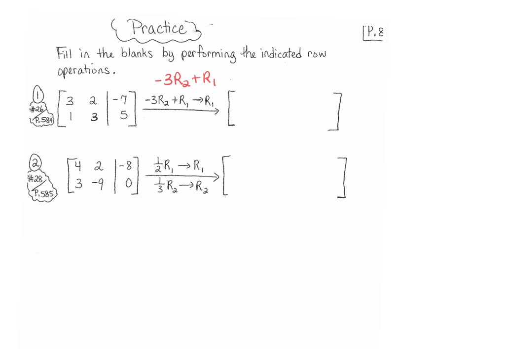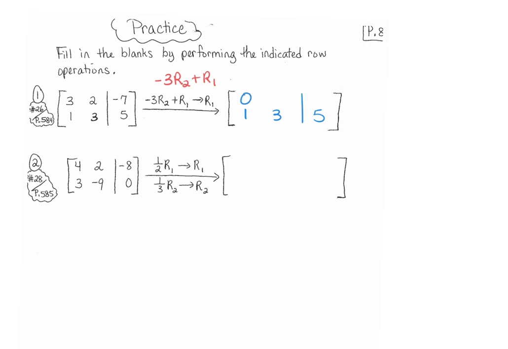Okay, so row 2 is not going to change, so we're going to write 1, 3, and 5. Now, for negative 3 row 2 plus row 1, we're going to do negative 3 times row 2, so negative 3 times 1 gives us negative 3. Then we want to add row 1, so in that position move up, negative 3 plus 3 gives us 0.